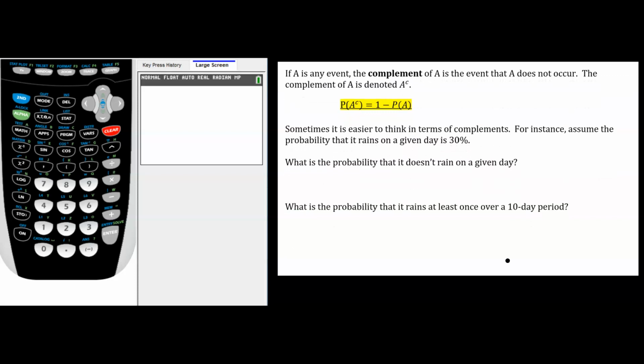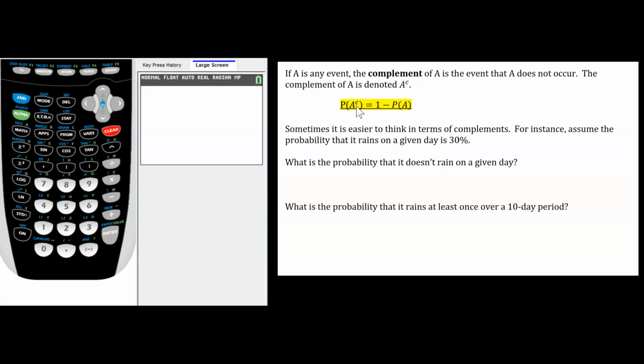And we actually use complements all the time in statistics just to kind of reframe our thinking in certain probability contexts. So let's talk about the definition and then we'll get into a couple of examples. If A is any event, the complement of event A is the event that A does not occur. And the complement of event A is denoted as A with this C in the upper right here.